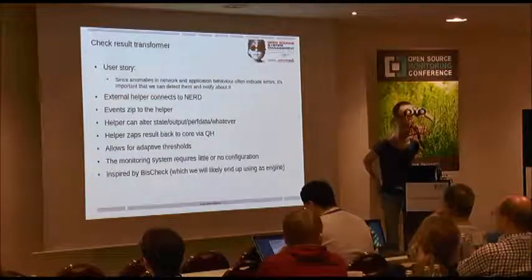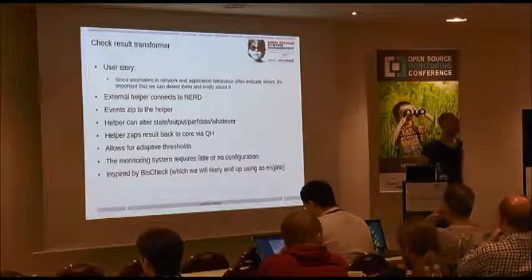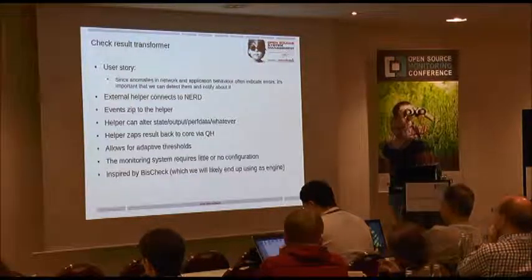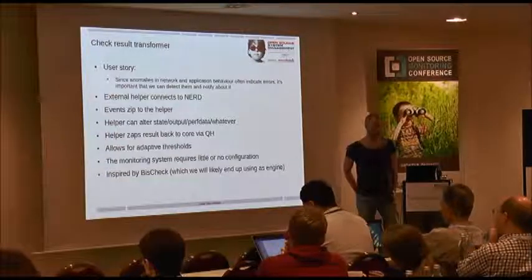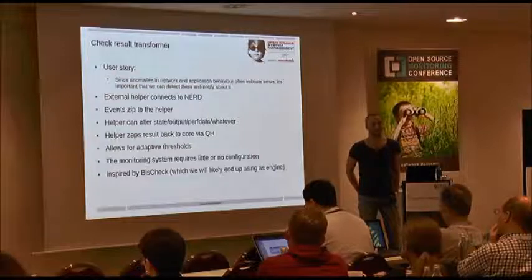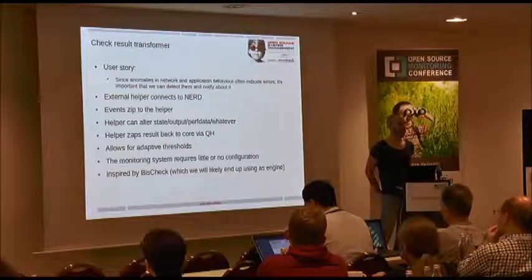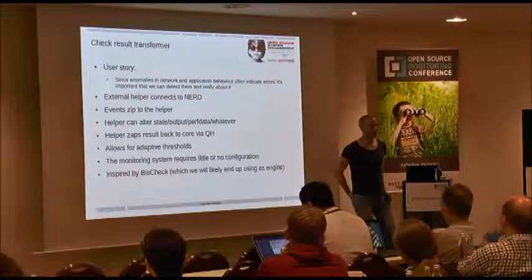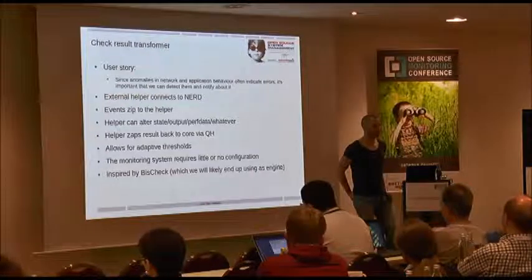This allows for adaptive thresholds, which could be the topic for a whole presentation on its own. And the monitoring system requires little or no configuration. If you have a certain type of service that you know should remain more or less stable, like CPU load, that is one of those metrics that is reasonably good to use here.